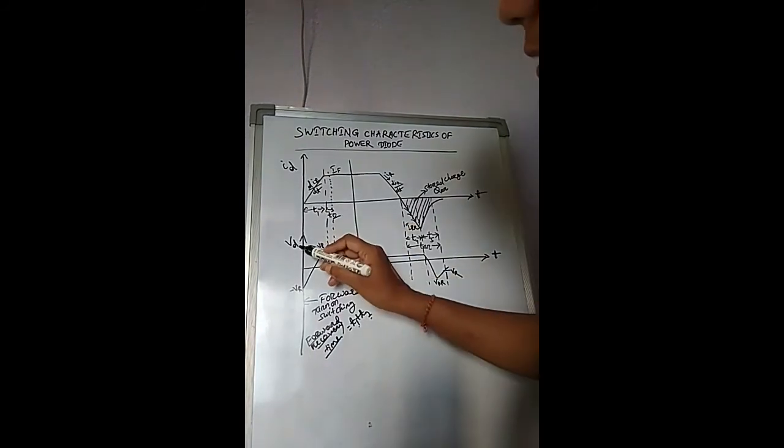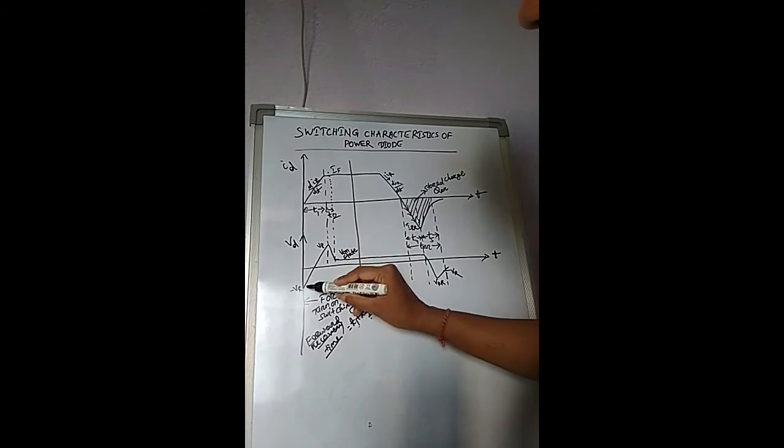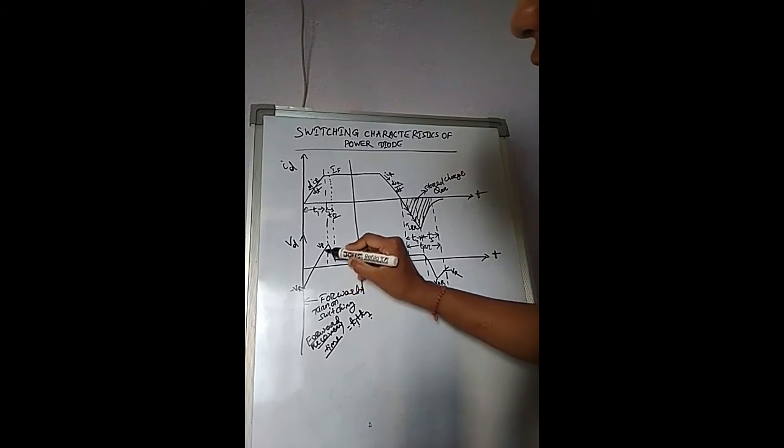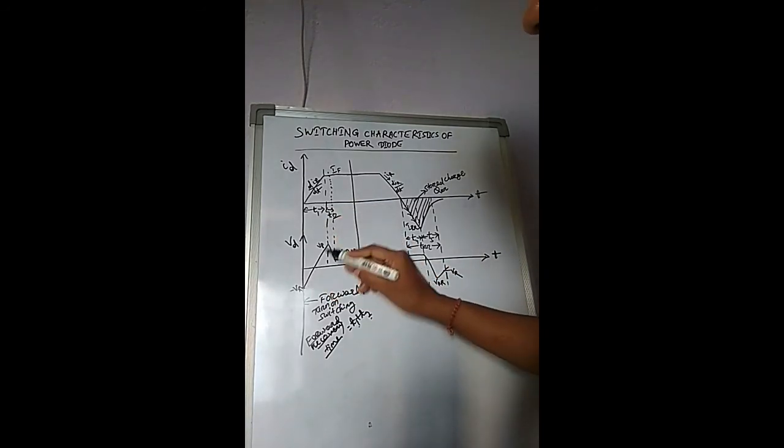So what happened to the voltage waveform? See, during this T1, the voltage across the diode gradually rises from the negative region, minus VR, to the zero level, and from this zero level it will overshoot up to the maximum point, and the voltage at this maximum point is Vp. So during T1 voltage gradually rises from the negative level to the positive level.